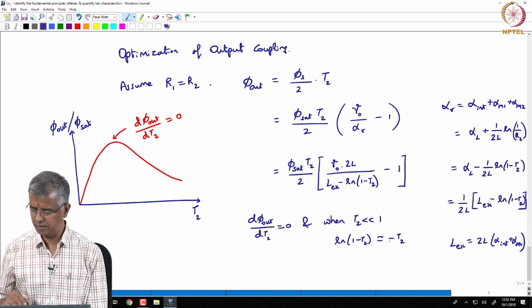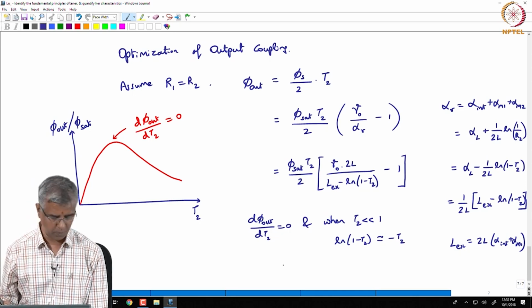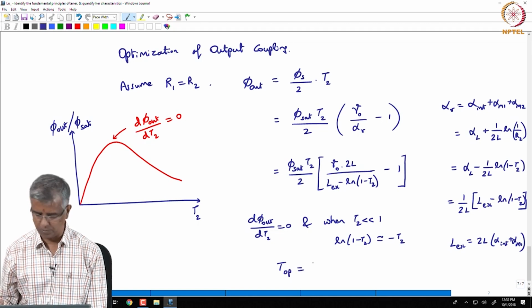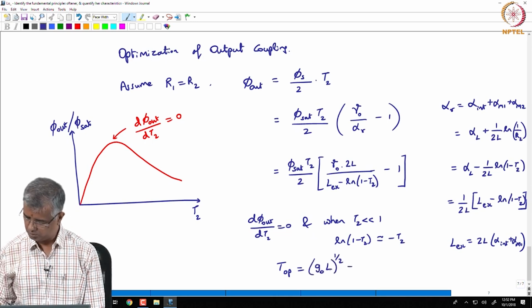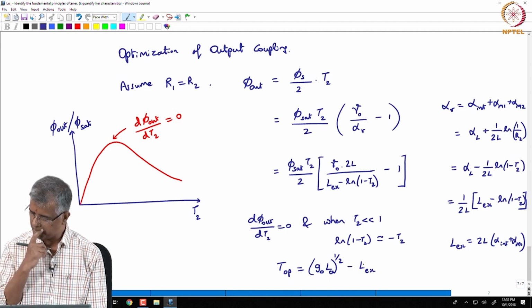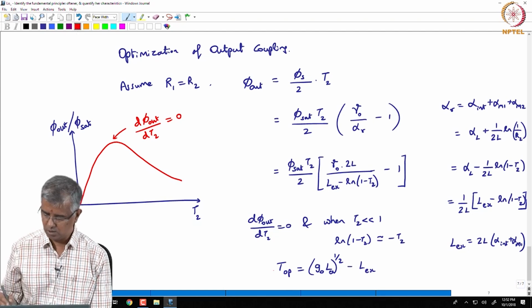If I have those two incorporated, then I will come up with a final expression which says that the optimum transmission is going to be given by G naught into Lx to the power of half minus Lx. Lx corresponds to the extra loss.